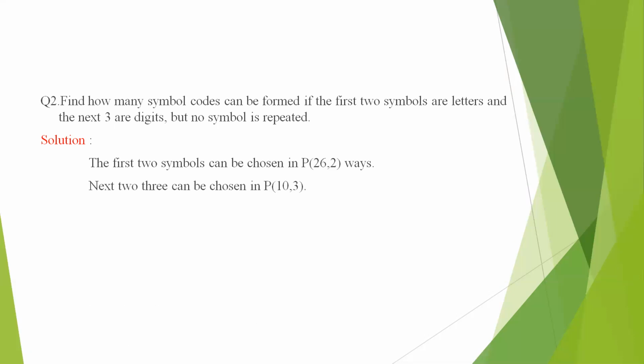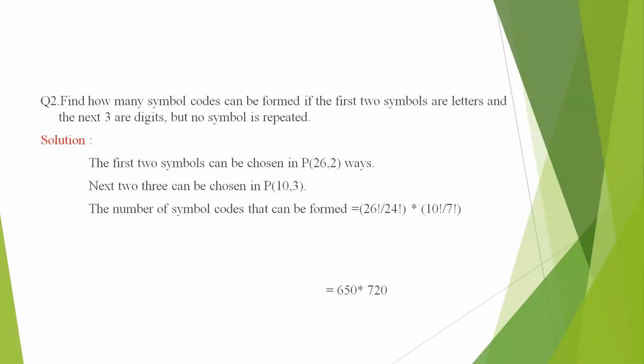So in the second case, we have to find the permutation for 10, 3. If we put both values into the formula, then the number of symbol codes that can be formed is 26 factorial upon 26 minus 2 factorial, which is 24 factorial, into 10 factorial upon 10 minus 3, equal to 7 factorial.